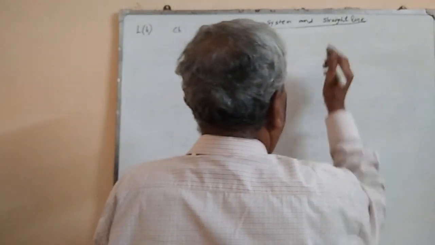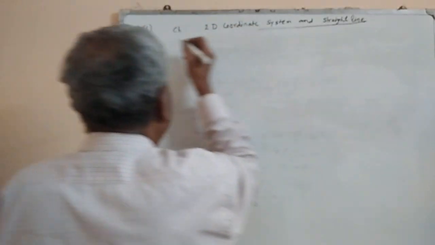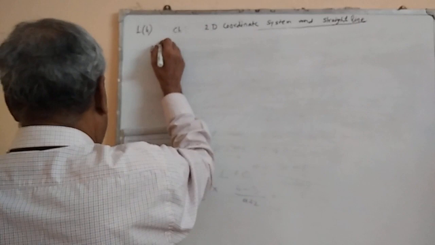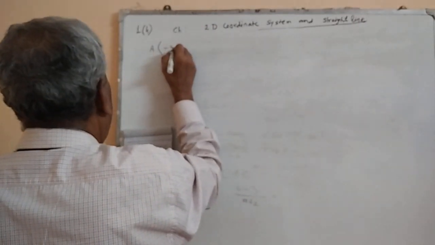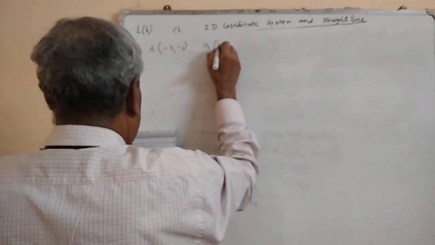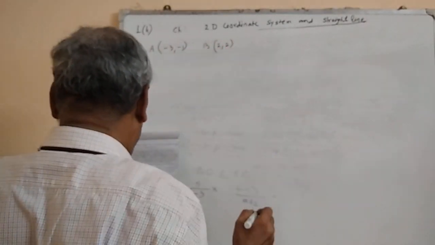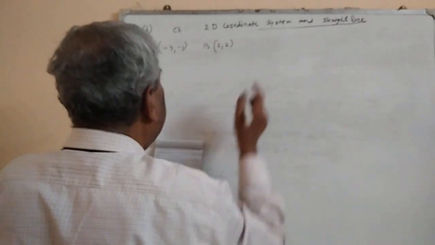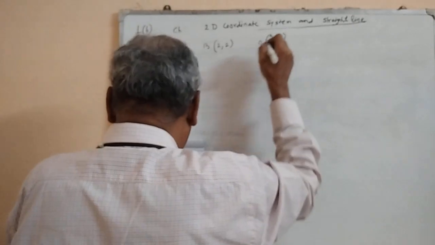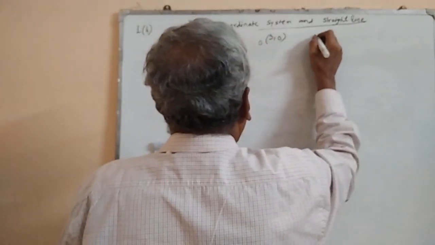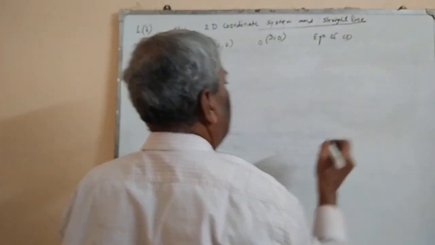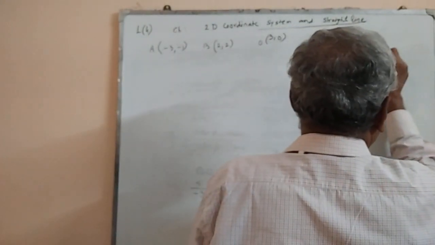ABCD is a parallelogram where A is (minus 3, minus 1), B is (2, 2). If the diagonals meet at O (3, 0), find the equation of CD. The problem is like that.